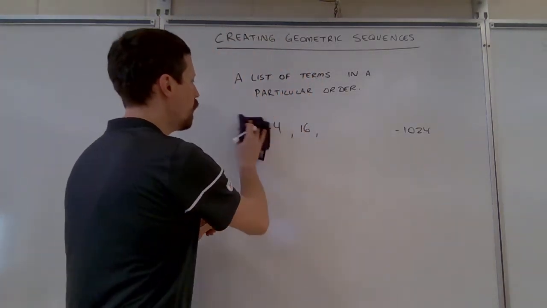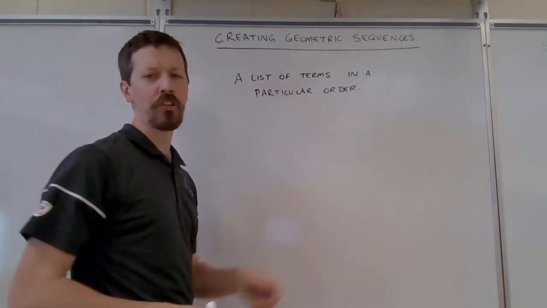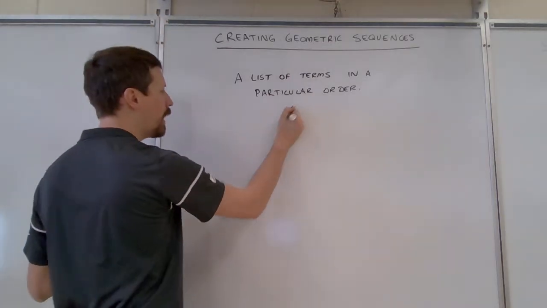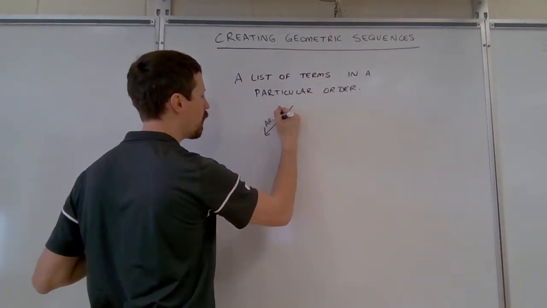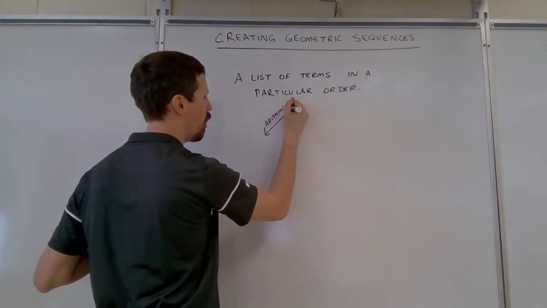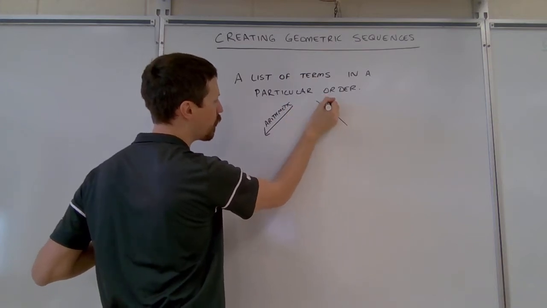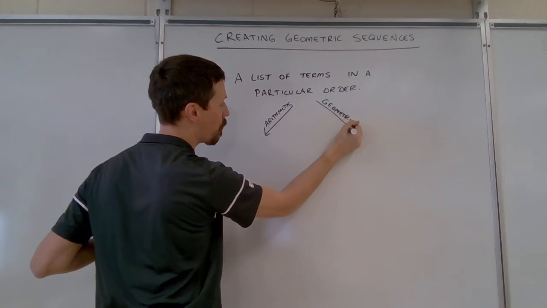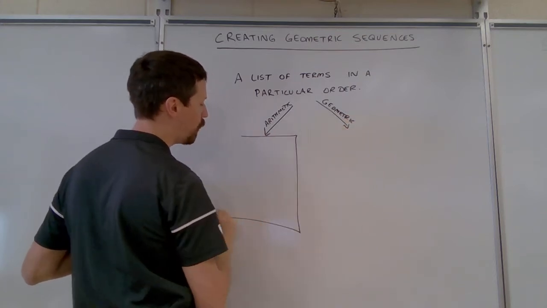In this case, like I said, sequence just means something's going to be in a particular order. As you might remember, there's going to be two different kinds of sequences. We have arithmetic, and then our new one today is going to be geometric. We did arithmetic last week.